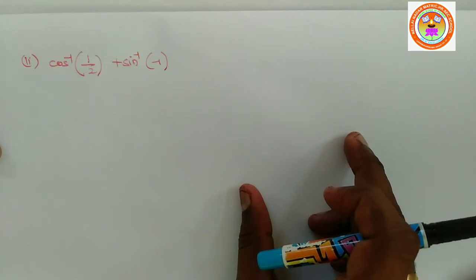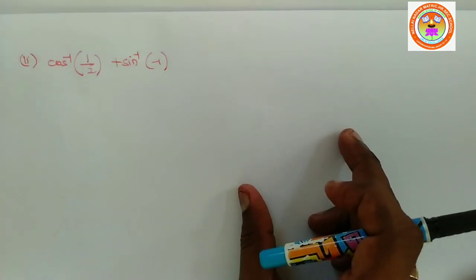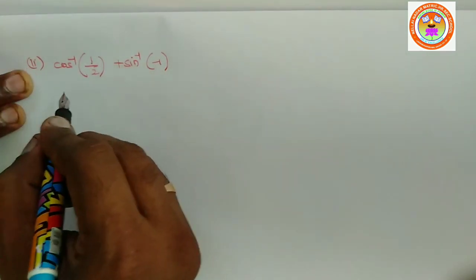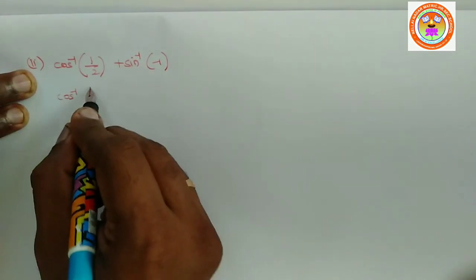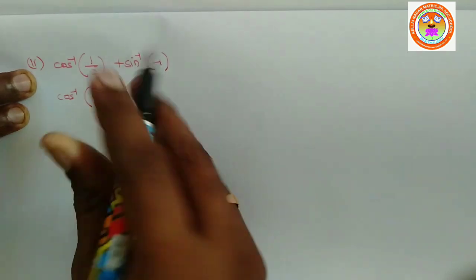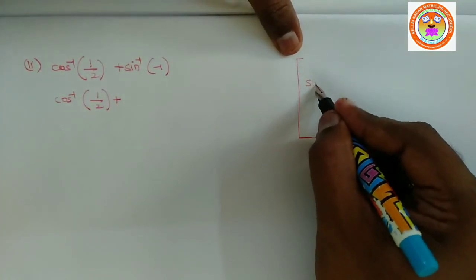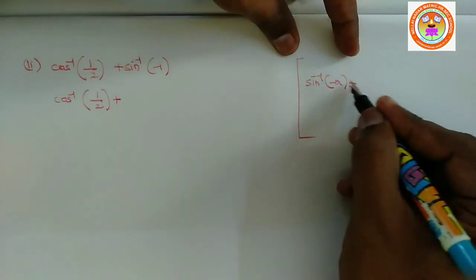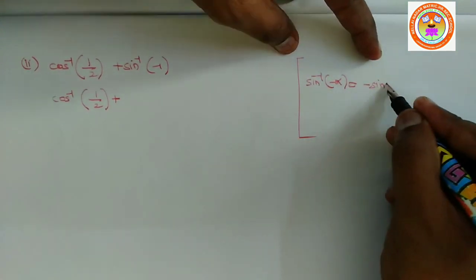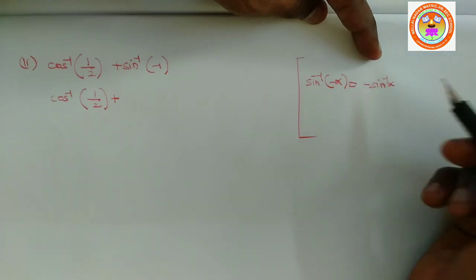Cos inverse of 1 by 2 plus sin inverse of minus 1 is the second subdivision of the fifth sum. So first we will rearrange properly. Cos inverse of 1 by 2 plus this one, we have a property. What is the property? Sin inverse of minus x is nothing but minus sin inverse of x.